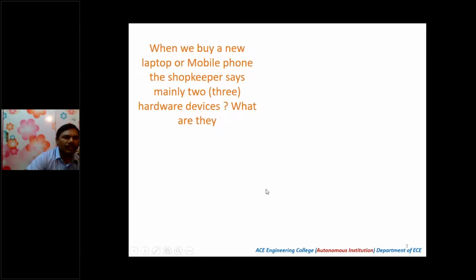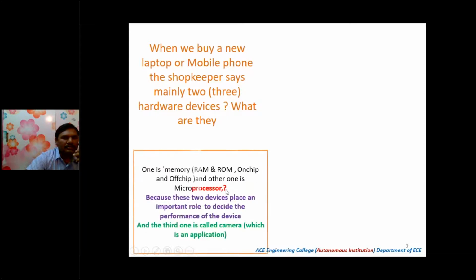Now, when we go to a shop to buy a laptop or mobile phone, the shopkeeper mentions mainly two or three hardware devices. They will explain and focus mainly on these. One is the memory unit.